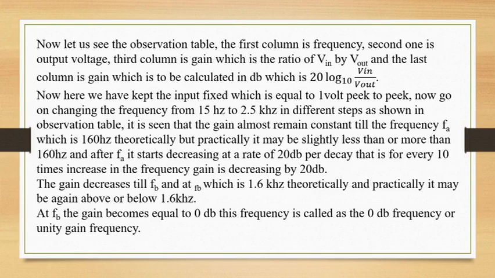The gain decreases till FB, and at FB, which is 1.6 kHz theoretically, and practically it may be again above or below 1.6 kHz. At FB, the gain again becomes equal to 0 dB. This frequency is called as the 0 dB frequency or unity gain frequency.